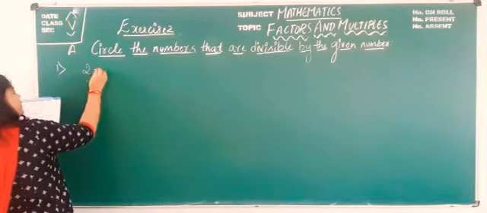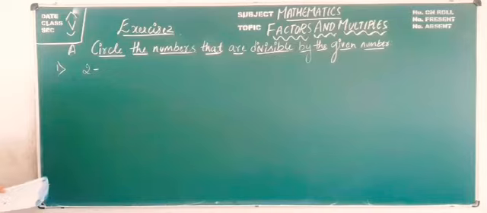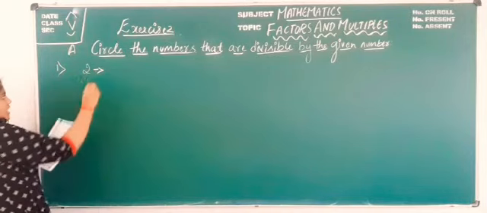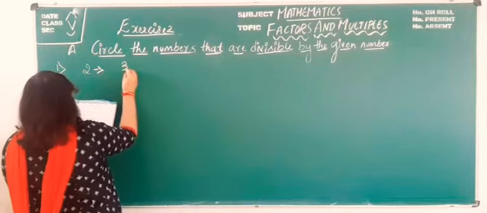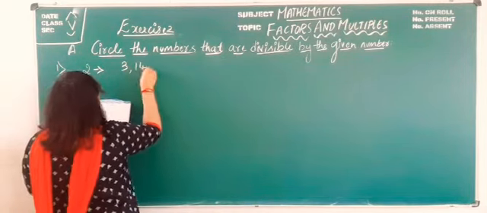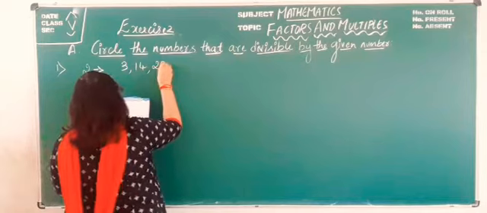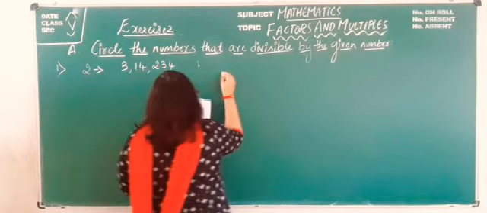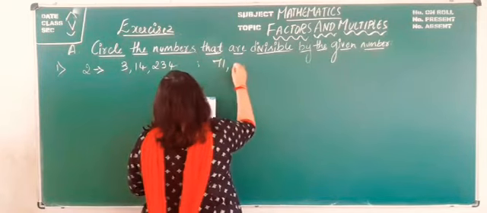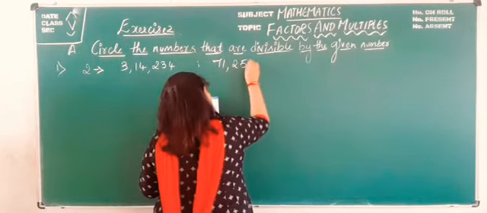We have to check whether the given number is divisible by 2 or not. So the given numbers are 3,14,234. Next number 71,250.